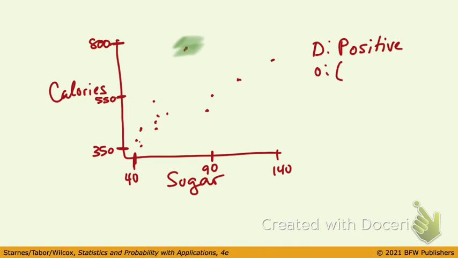So what is the coordinate of that outlier? 79 and 790. Okay. If you hit trace and you do left and right arrows, you'll find that one.